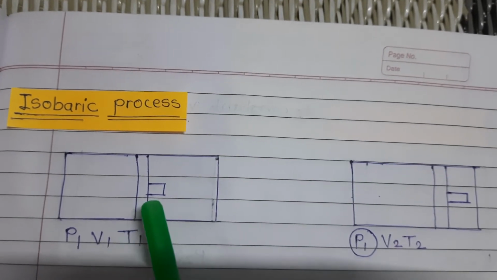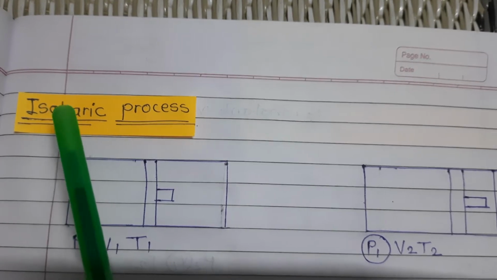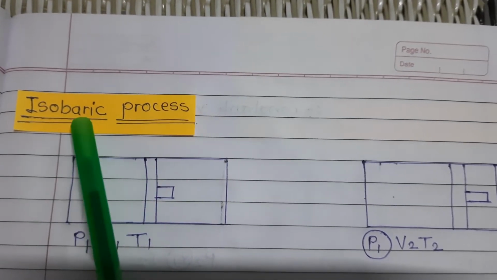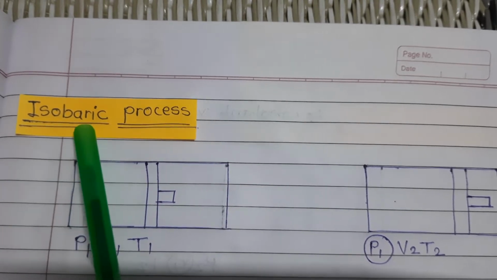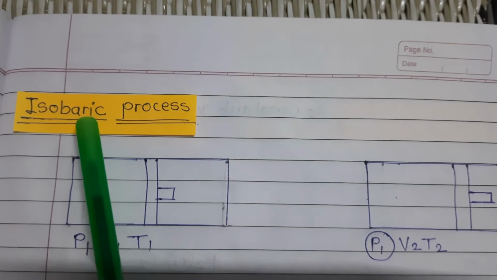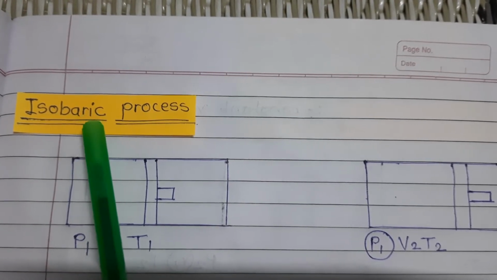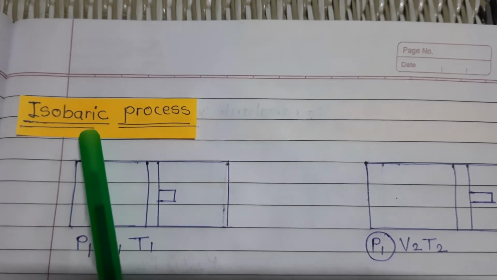Now see isobaric process. Iso means same, constant. Baric, we know that bar is the pressure unit. We measure pressure by using a barometer.